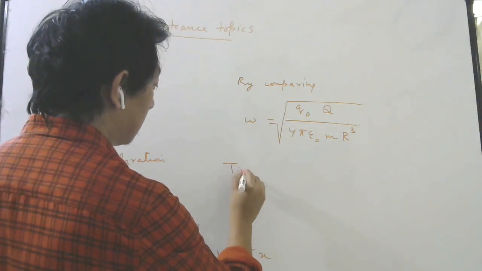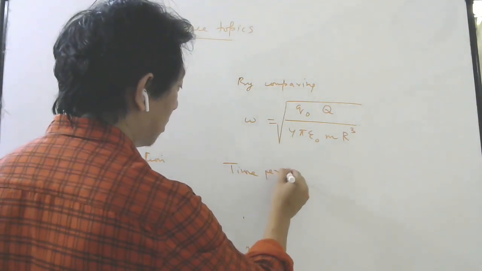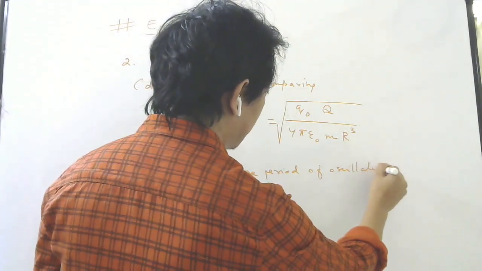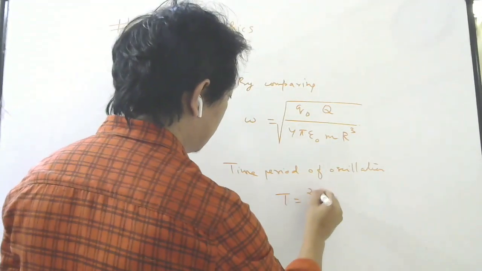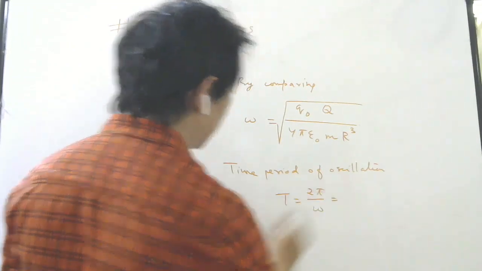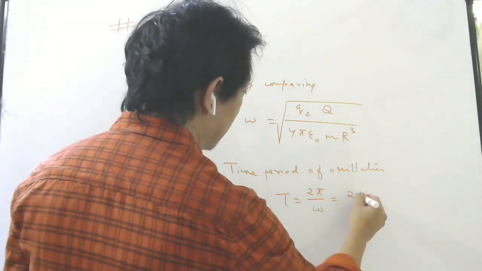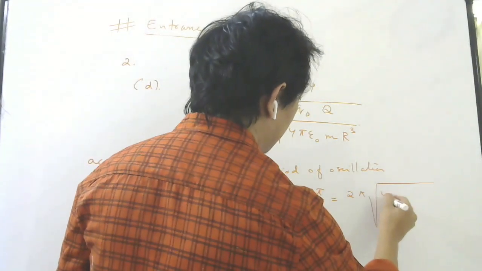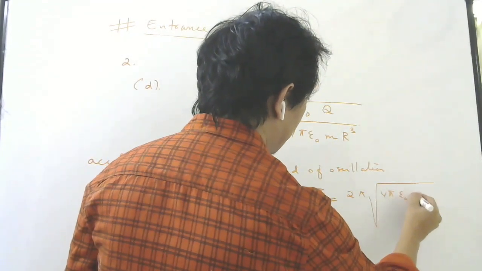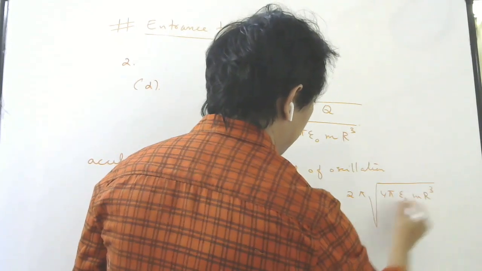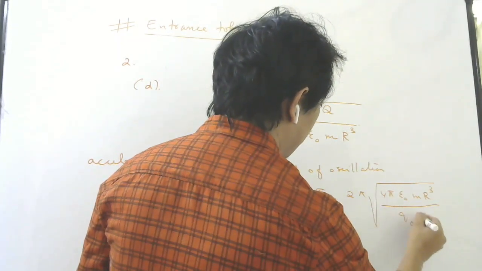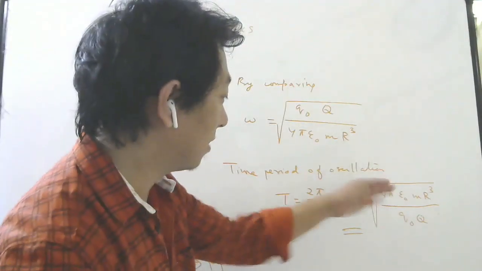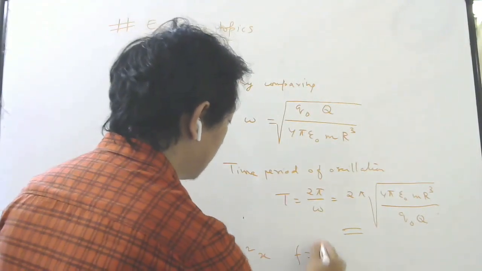Time period of oscillation formula is 2 pi divided by omega. So if you divide 2 pi by this omega, the denominator will go in the numerator: 4 pi epsilon naught m r cube divided by q naught q. And if you want frequency, then you just take the reciprocal, because frequency is 1 by time period.